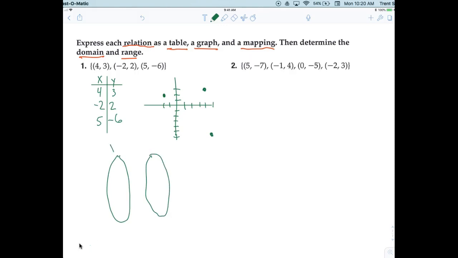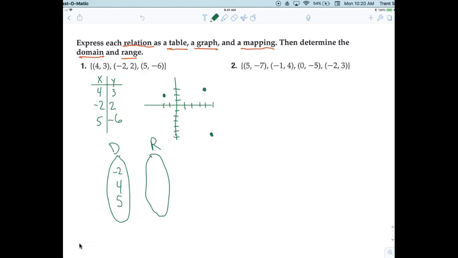This is D, and this is what? What does D stand for? And R? Now, generally for a mapping from my old school days, you always wrote the numbers in numerical order. So for the domain, you would write what? -2, 4, and 5.